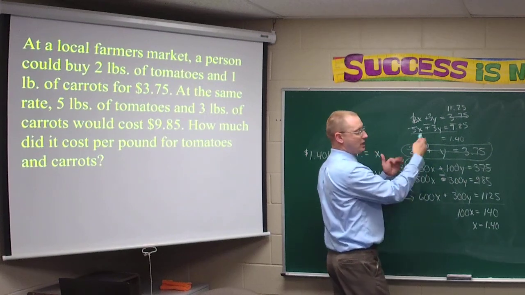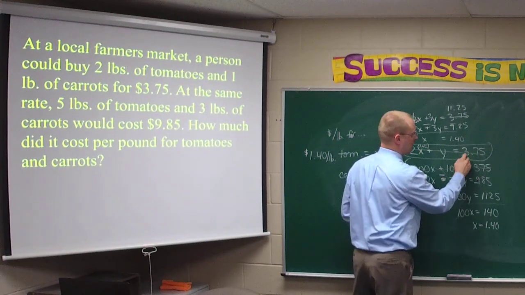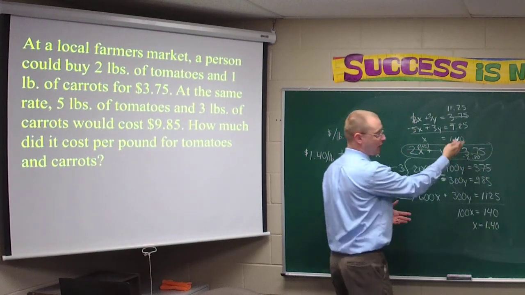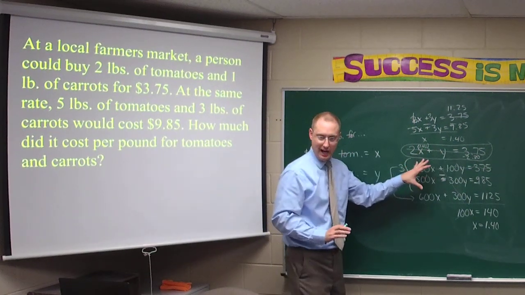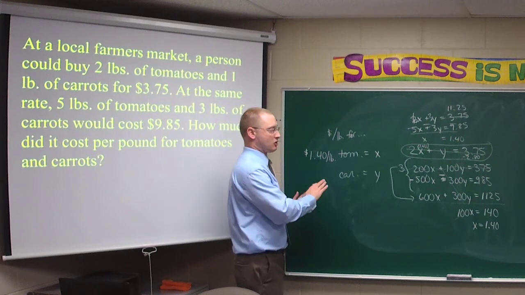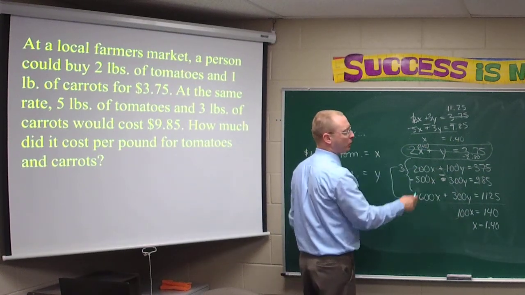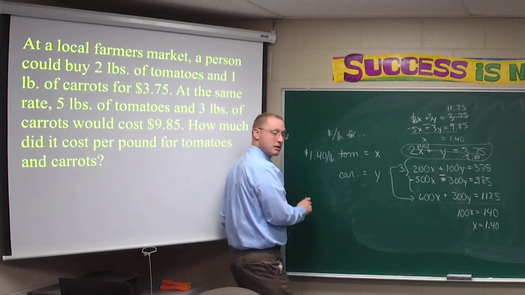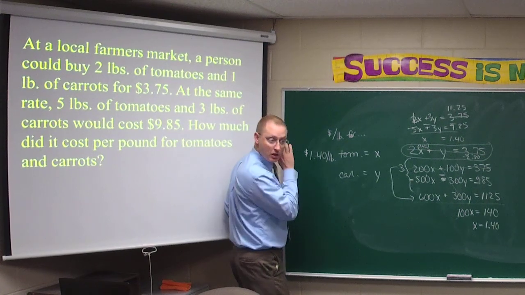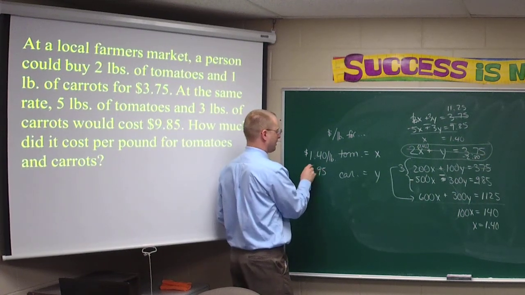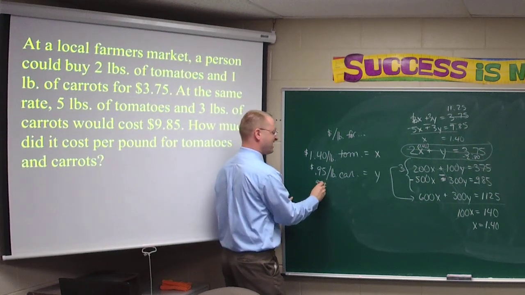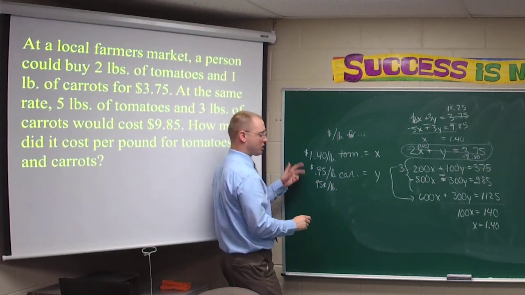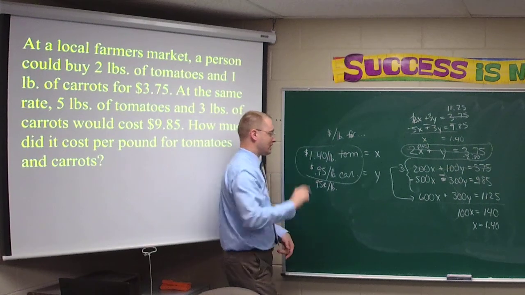And then I can move the $2.80 over as a negative $2.80 and allow the calculator to do the decimals, right? Again, the key here is the decimals weren't with the x's and y's. Decimals with x's and y's makes things annoying. Decimals on the back end, we could probably work with that on the calculator. We end up getting y is, how much? 95 cents a pound. You can either do 95 cents this way, or you can say 95 cents per pound. Whichever, the other's more consistent.